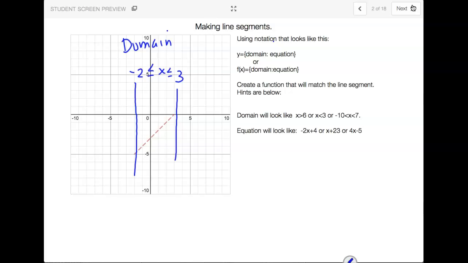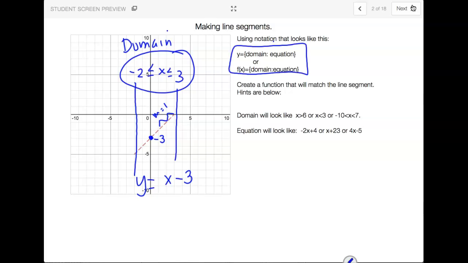So once again, we're going to look for our y-intercept, which is down here at -3. And we're going to look at our slope, and it appears our slope is just 1. So we have a domain of -2 to 3, and we have an equation for our line of y equals 1x minus 3. Now how we put that in Desmos is listed right here.